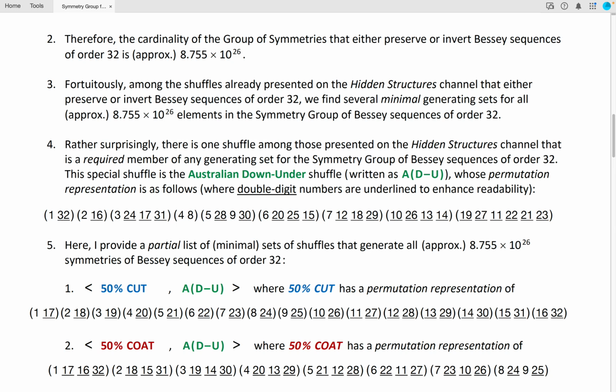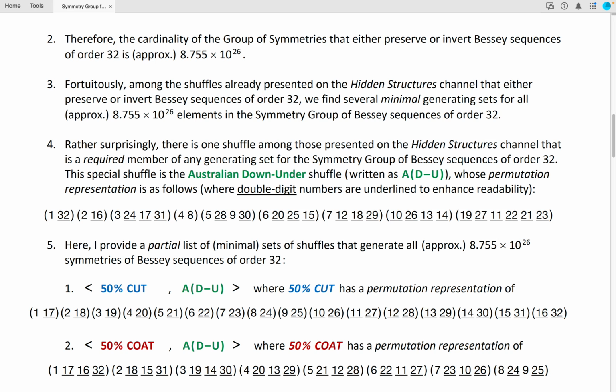2. Therefore, the cardinality of the group of symmetries that either preserve or invert Bessey sequences of order 32 is approximately 8.755 times 10 to the 26th power. 3.